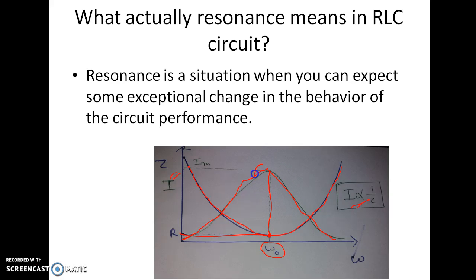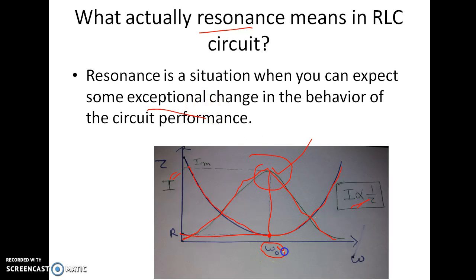Okay, this is the exceptional thing. At resonance, the current of this RLC circuit becomes extremely high, so it is called resonance. This is the exceptional factor in resonance. Okay, so I hope I have made a clear idea of how the name resonance came into the picture for the series RLC circuit when omega naught equals 1 by root over LC.